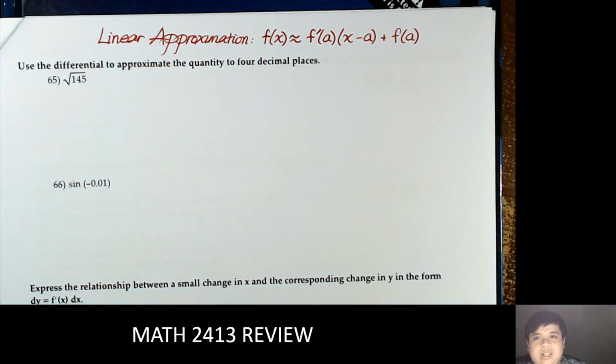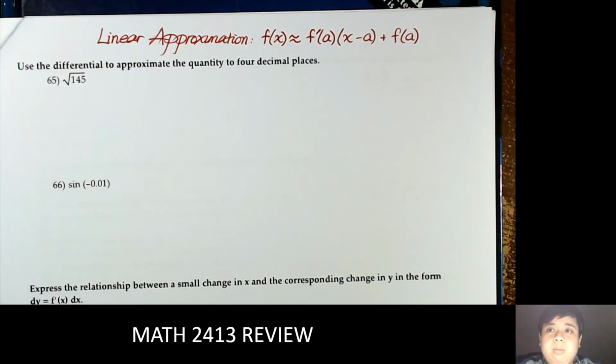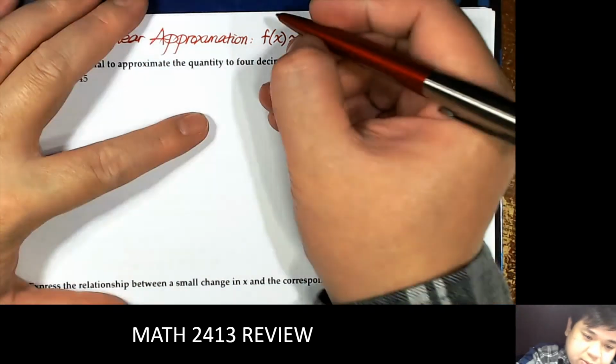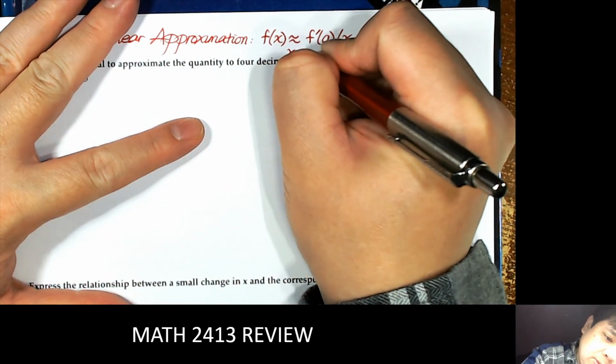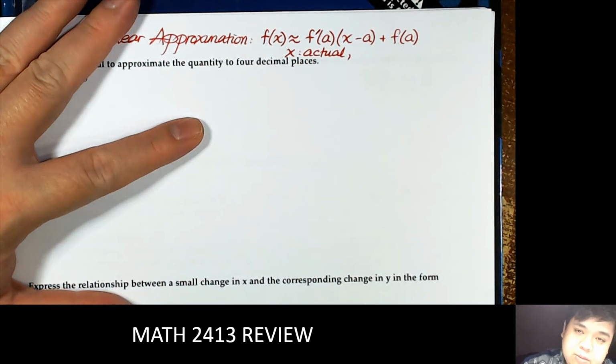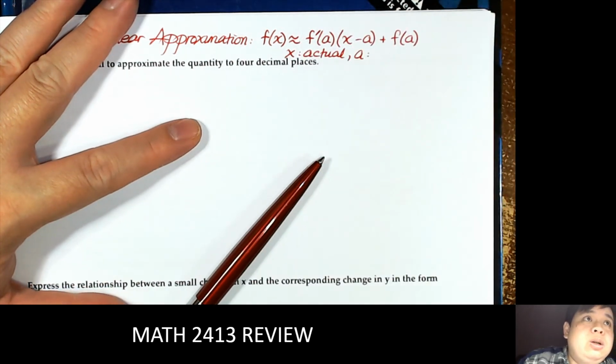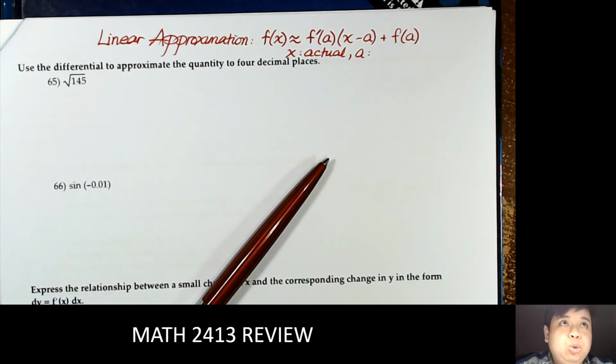So what's a? What's x? x is the actual numbers, the actual values of x. And a is the values that we choose, the values that we choose to be close to it.